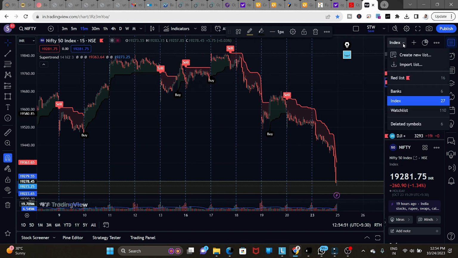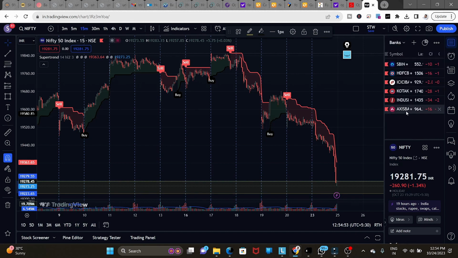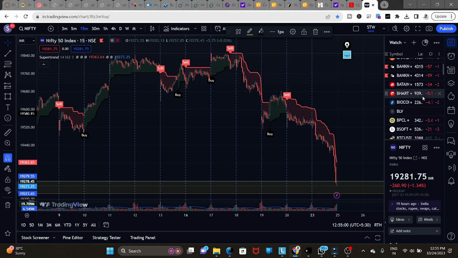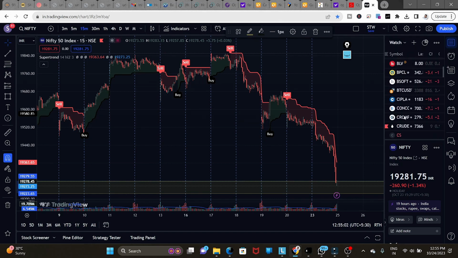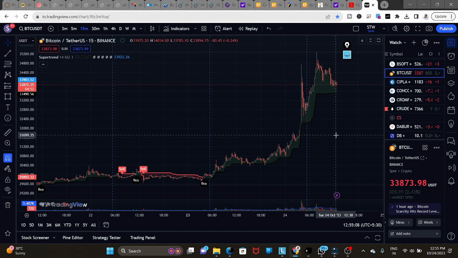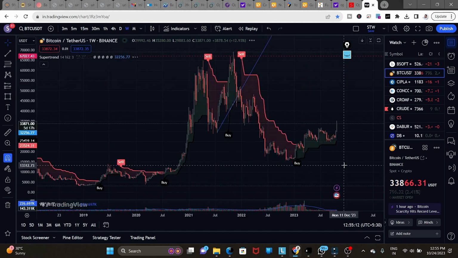Where is Bank Nifty? What's happening with Bitcoin? Bitcoin is already at 35,000. Wow, that's a great move.